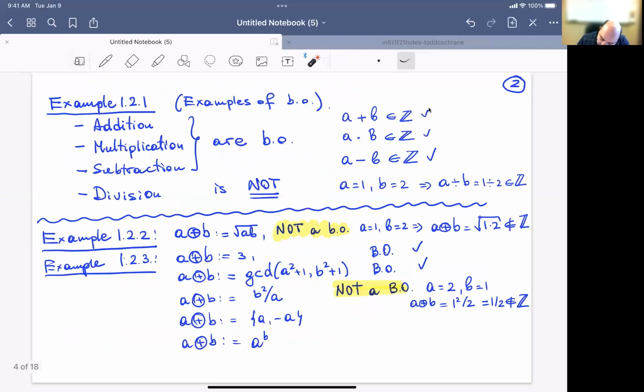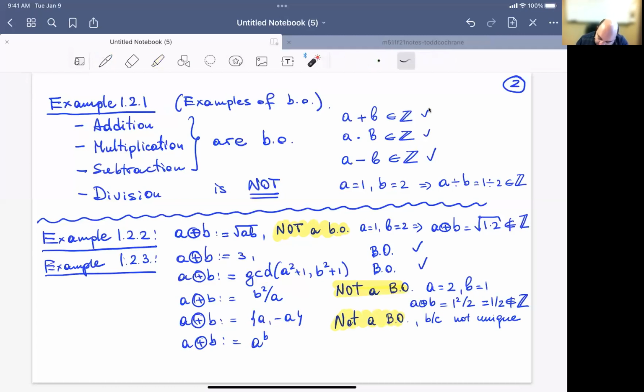However, in this example, it seems that it's defined to be not unique. So this is again not a binary operation. I'll write here, because not unique. Okay, and here is another example. So this is not a binary operation.